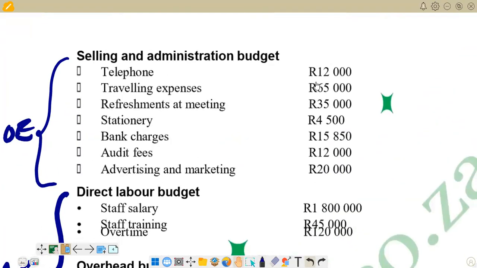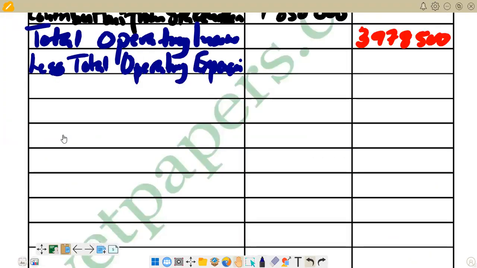So we've got telephone there, 12,000, and then also we have traveling expenses. These are operating expenses, 65,000. Telephone 12,000, traveling expenses 65,000. So we can go there and enter those figures. So we are saying we have our telephone. Then we are going to list them in this column.